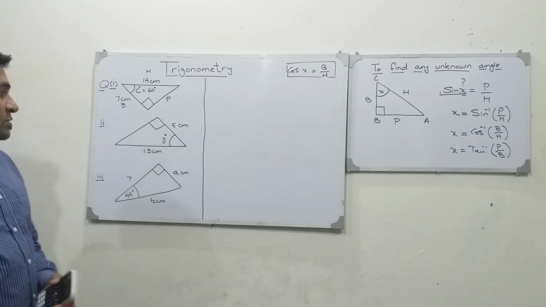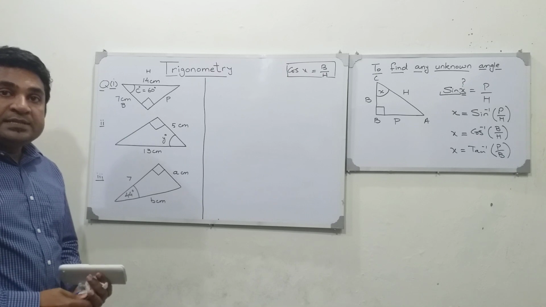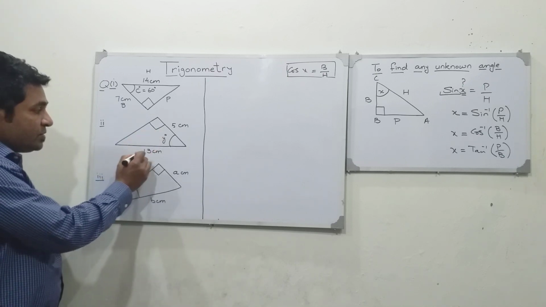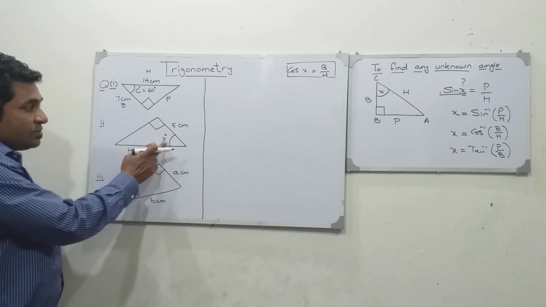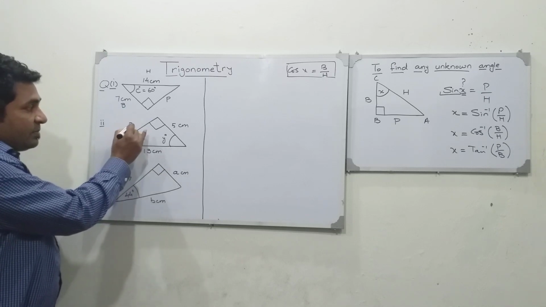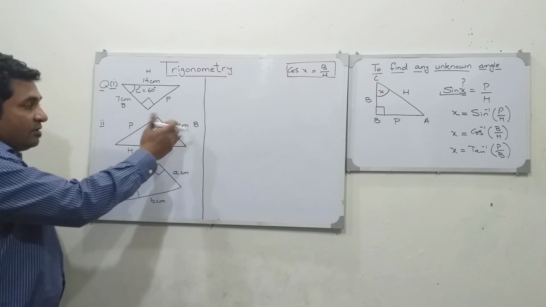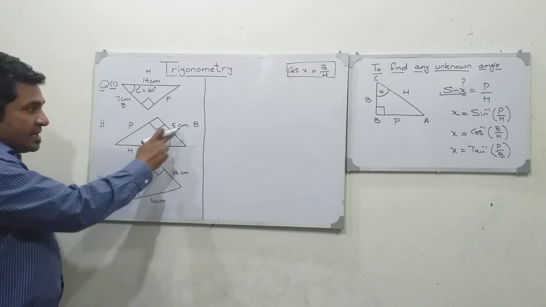So what will you do first of all? I know you will write the names of the sides. Obviously this is the 90 degree angle, opposite to it is the hypotenuse. This is the acute angle given here, so this side will be called perpendicular and the remaining side will be called base. Again we have the ratio base and hypotenuse. These two sides are given.